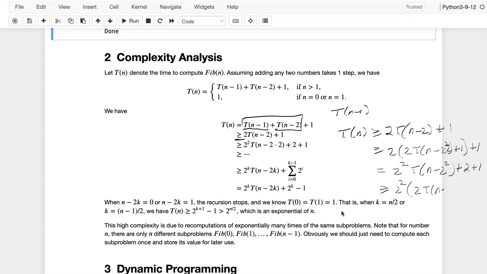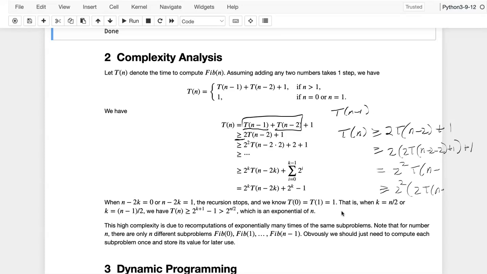Let me rewrite this in a better way to make it easier to generalize. So this is 2 times T of n minus 2 minus 2, plus 1, plus 1.